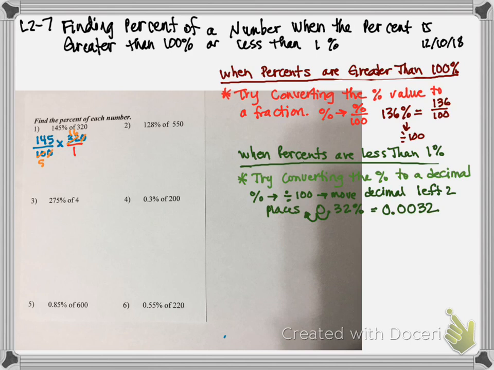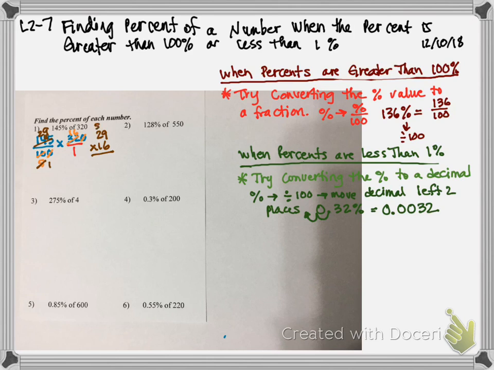But then what I noticed is that 5 can go evenly into 145. So 5 goes into itself once. It goes into 14 twice, which is 10 with 4 left over, and into 45 9 times. So what I have left is 29 times 16.